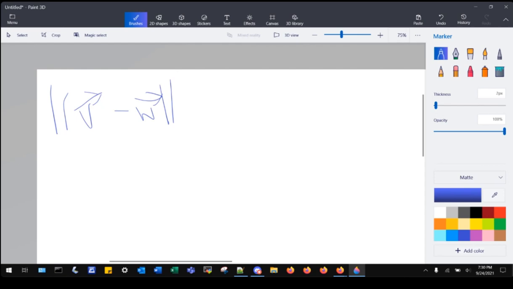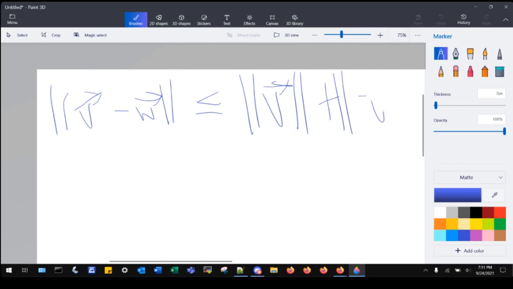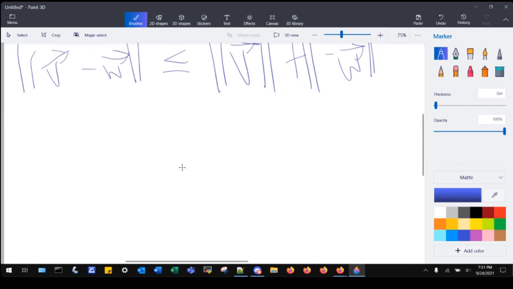So, less than or equal to the magnitude of v plus the magnitude of negative w.